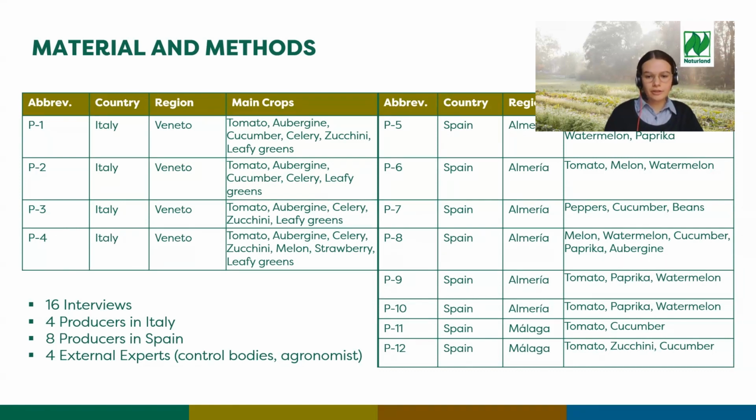Furthermore, 4 external experts were interviewed. 3 of them working for organic control bodies in managing positions, and 1 agronomist working with and also for Spanish organic greenhouse producers. And in the following slides, I want to present you the most important results I gained from those interviews. But before that, I want to show you the importance of using crop rotation also in the greenhouses.